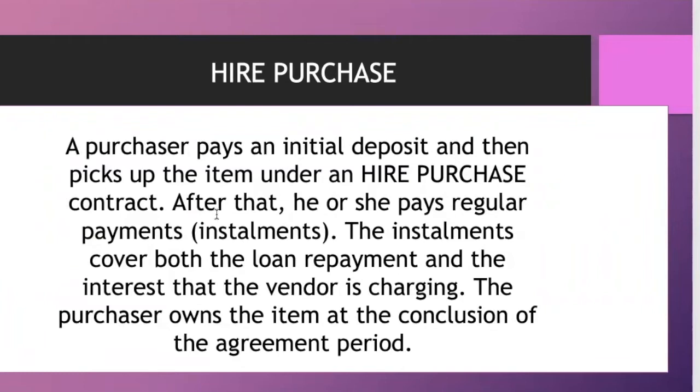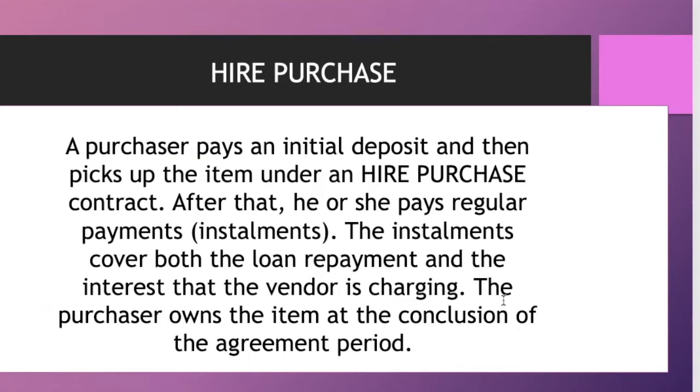So that's why we say after that he or she pays regular payments or installments. The installment covers both the loan repayment and the interest that the vendor is charging. So there is some interest. If you're taking a loan, you have to have some interest.